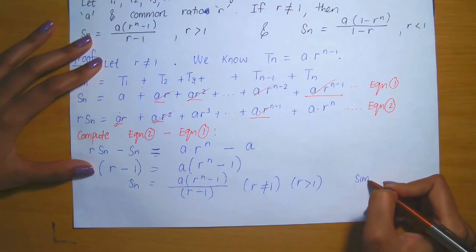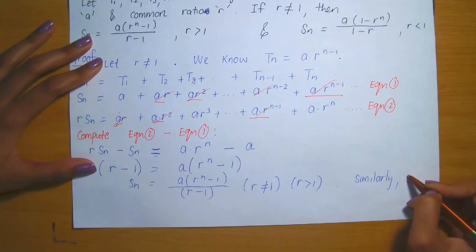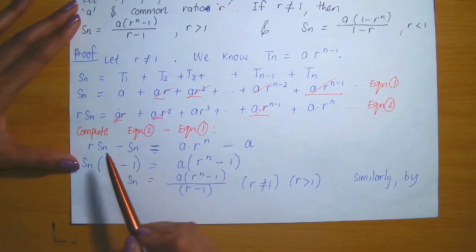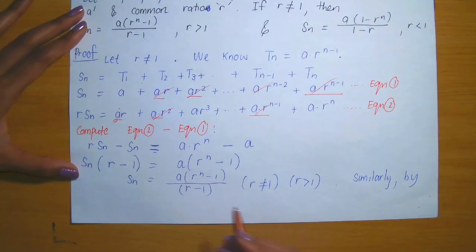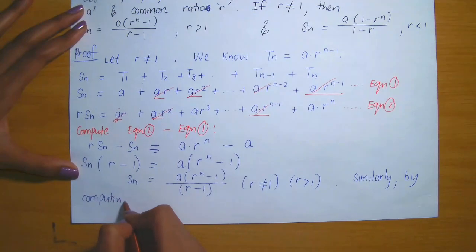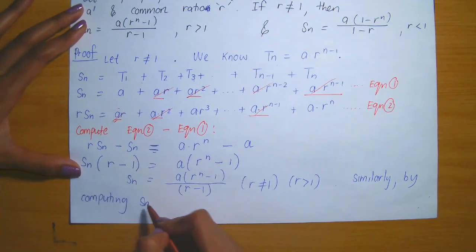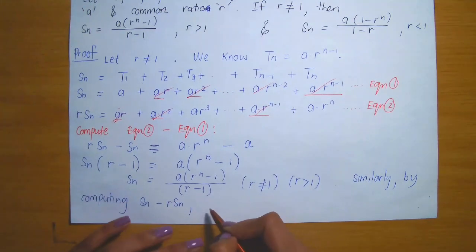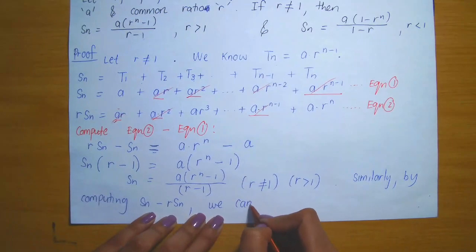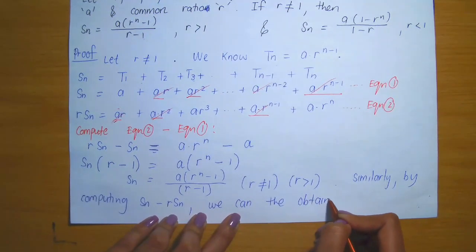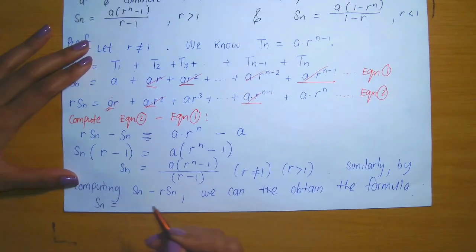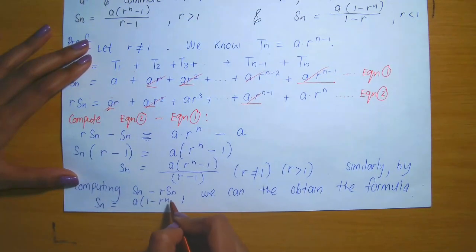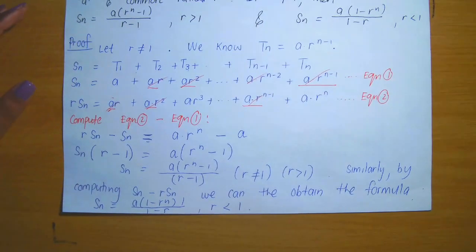Similarly, instead of taking equation 2 and subtracting equation 1, if we did the reverse, if we said equation 1 minus equation 2, so by computing Sn minus R times Sn, we can then obtain the formula Sn equals A times 1 minus R to the n divided by 1 minus R, which is the formula for the case when R is less than 1.